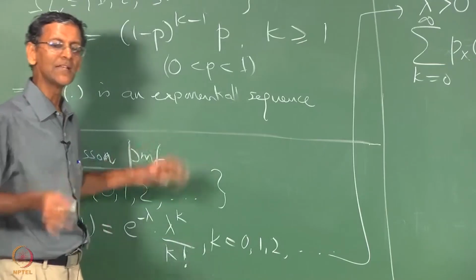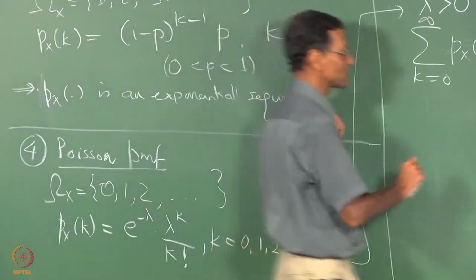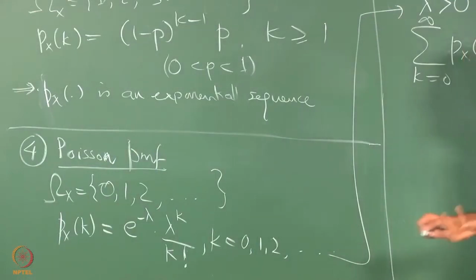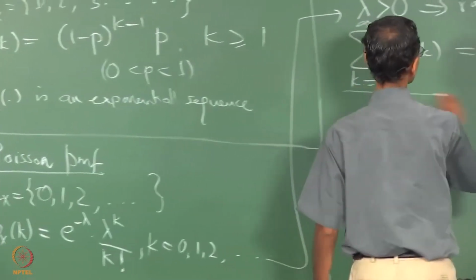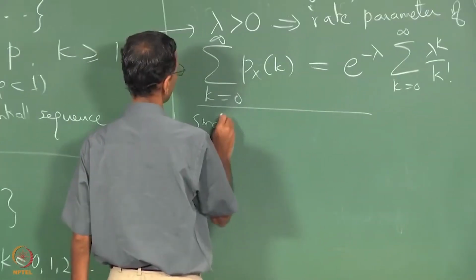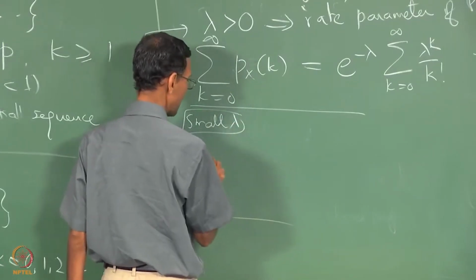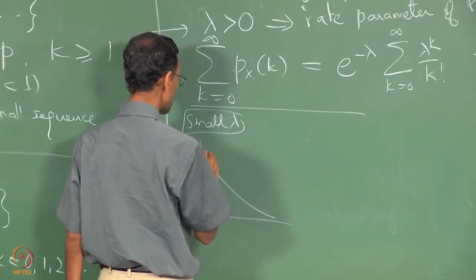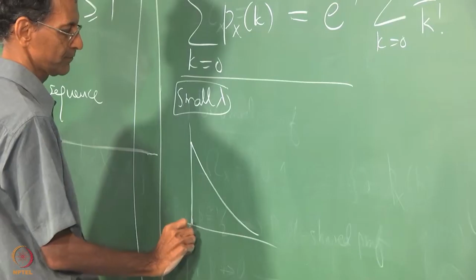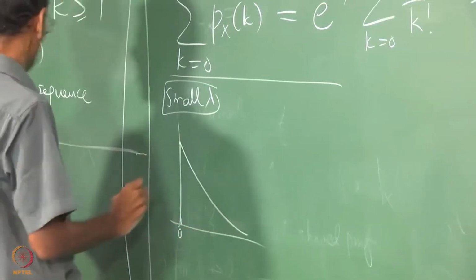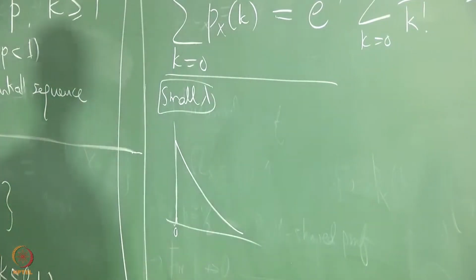And then as you keep increasing lambda, what happens? The whole character of the PMF changes. So for small lambda you get basically just something like this. Px of 0 is going to be the largest. What is the value of Px of 0?